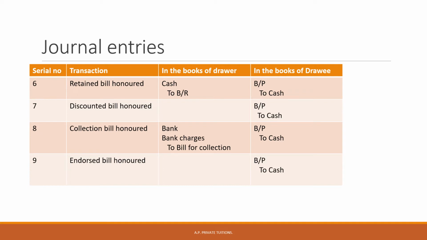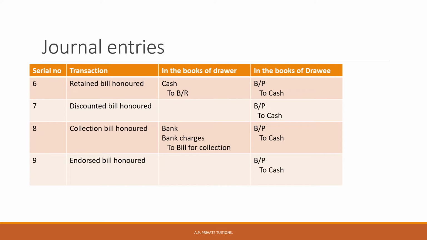Again, let me revise this quickly. You can see in the books of the drawee, the entries are always the same. What is the entry? Bills payable to cash, in all four cases. A very important thing to notice: there is no entry in the books of the drawer for discounted bill honored and endorsed bill honored.